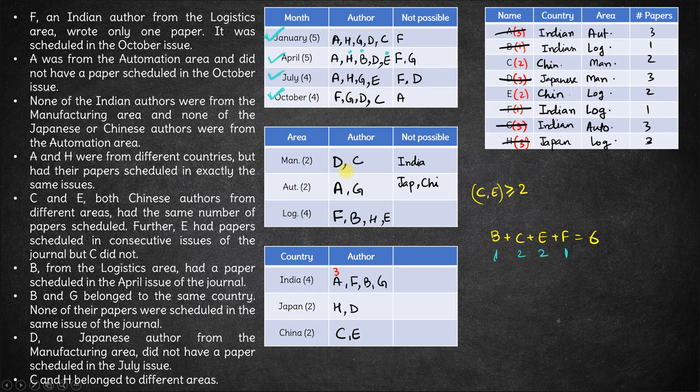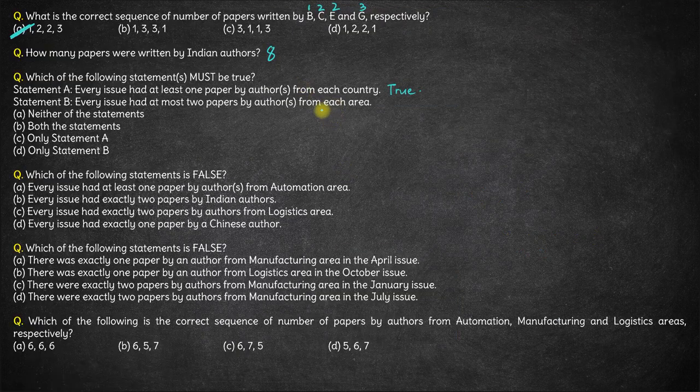So April has 3 papers from one area, but the statement says each issue had at most 2 papers from an area. So this statement is basically false, because April has more than 2 papers from a particular area. So the right answer here will be option C. Only statement A is true. We have to figure out which statement is true. Only statement A is true.